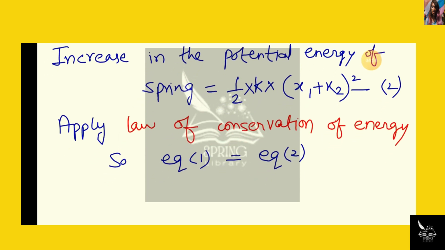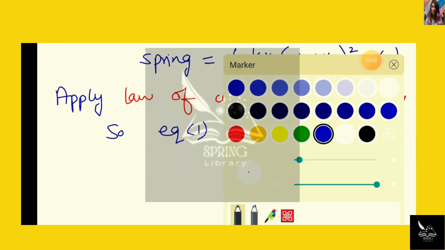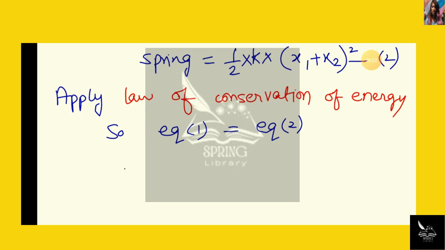After putting in the data, I get x1 plus x2 is equal to 2f over k. This is equation number 3.